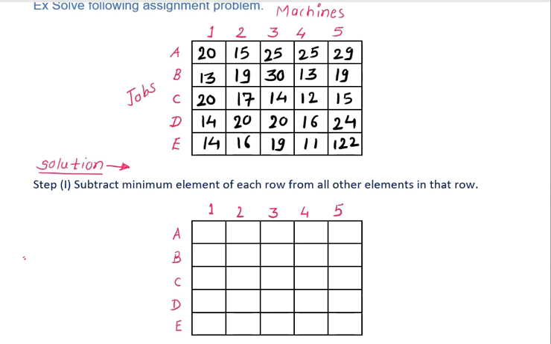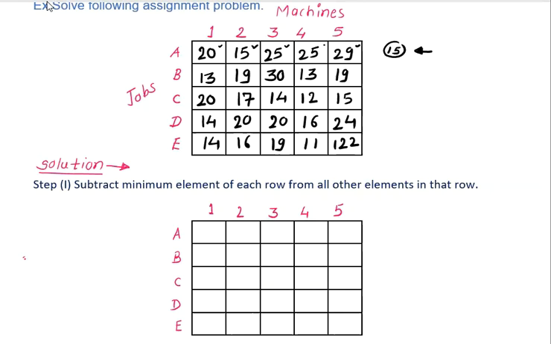So what is the smallest element in the first row? 20, 15, 25, 25, 29. The smallest number in the first row is 15. So subtract 15 from each number of the first row.